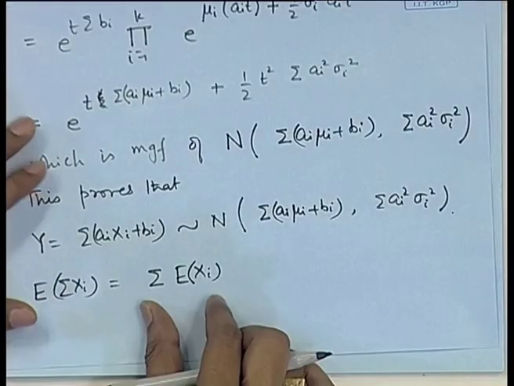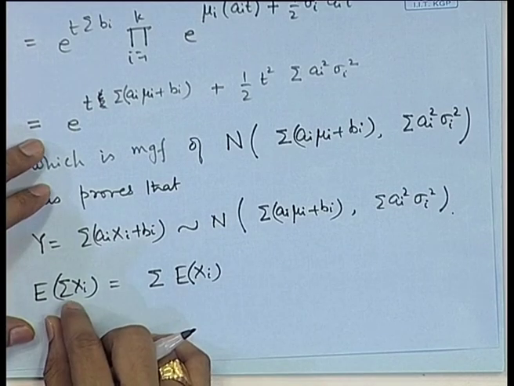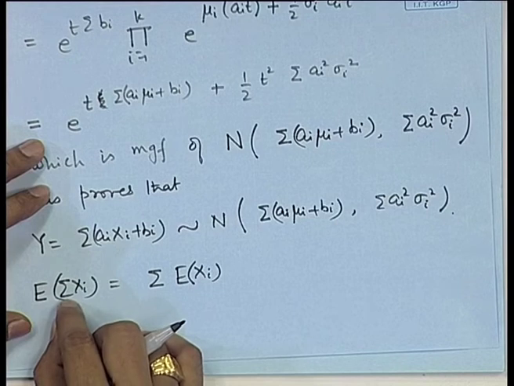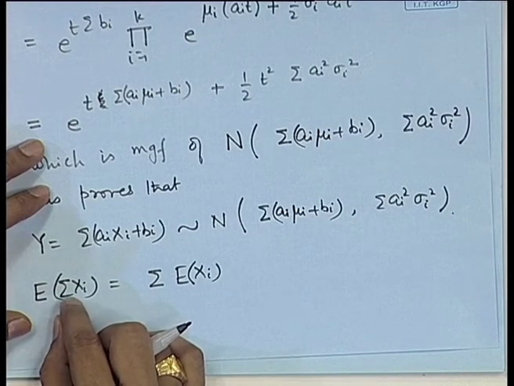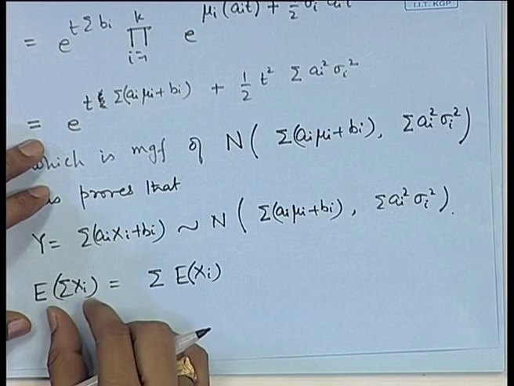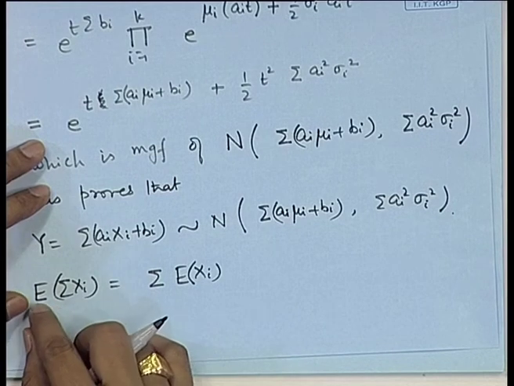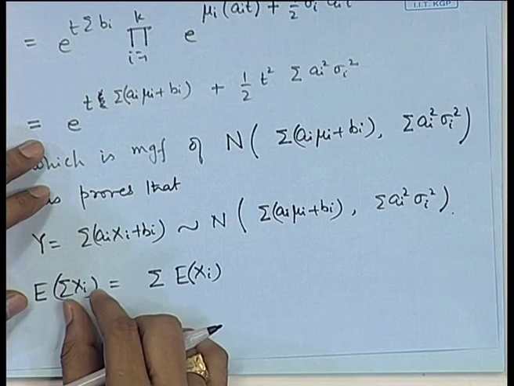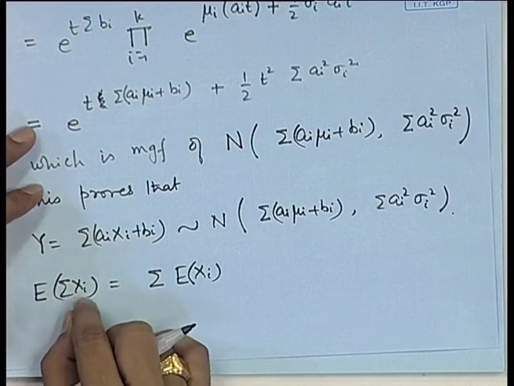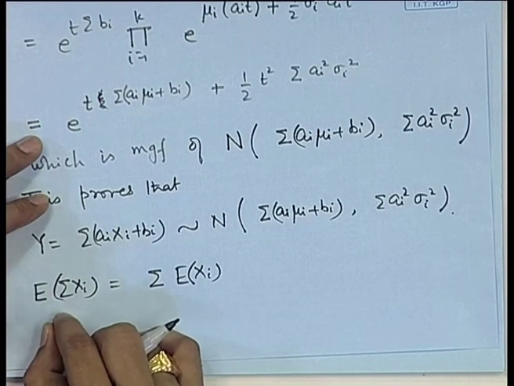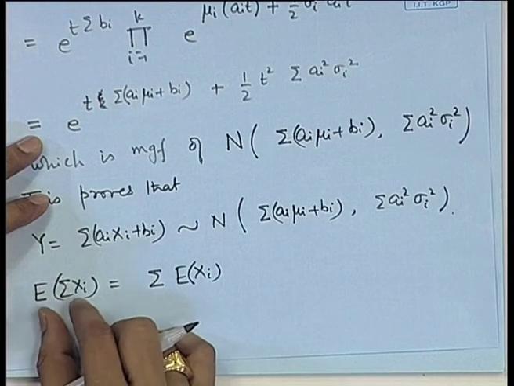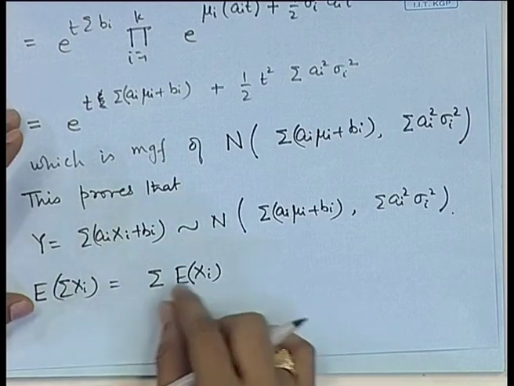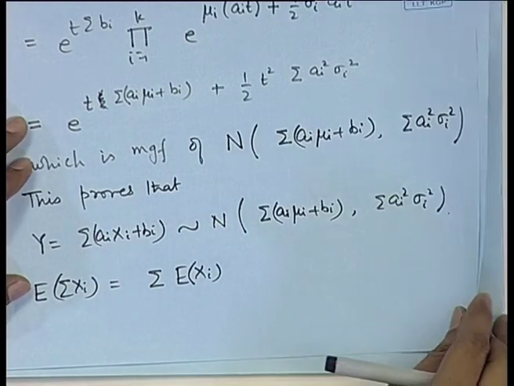The proof of this fact is quite simple: you have to just apply the linearity property of the integral or the summation signs, because here it is the expectation of a summation. So, if the random variables are discrete, we will have summations, or if they are continuous, we will have integrals. When we apply the linearity property, the sums can be taken inside and it will prove this property.